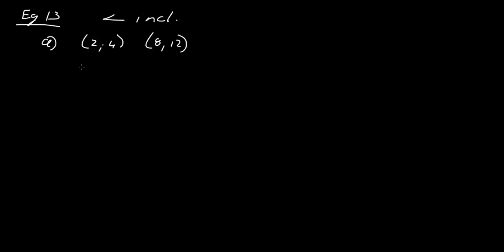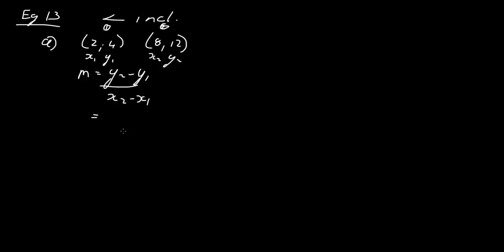So let's determine the gradient first. M equals y2 minus y1 over x2 minus x1. We'll say this is point 1, point 2, so this would be x1, y1, x2, y2.